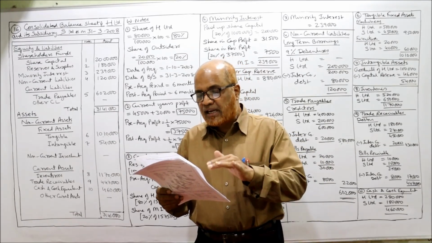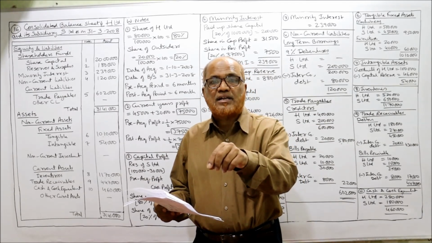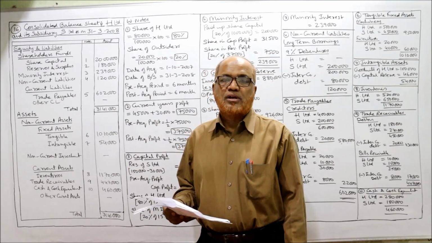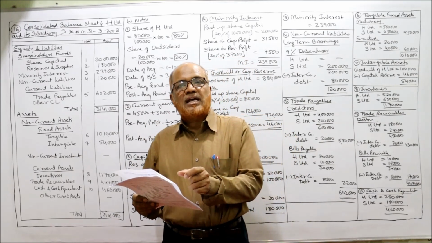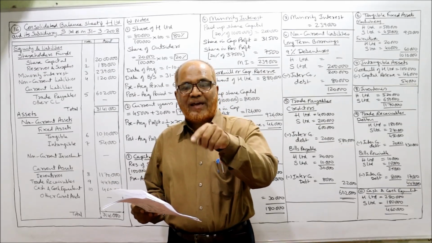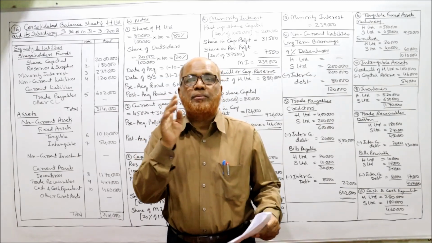9% debentures in S Limited 80,000. 80,000 rupees invested by H Limited in S Limited's debentures. So actually total debentures in S Limited are 2 lakh. Out of the 2 lakh rupees of debentures of S Limited, 80,000 debentures are held by H Limited.